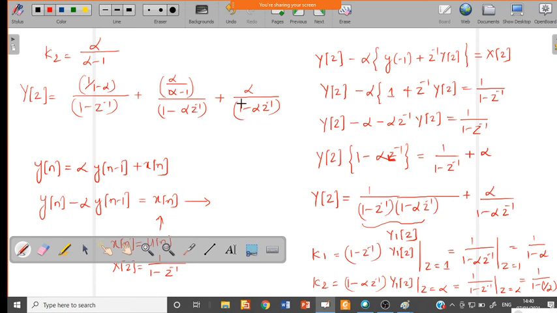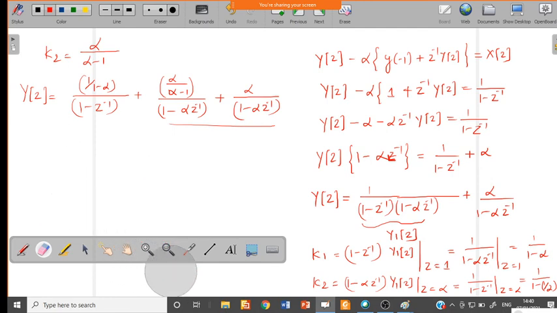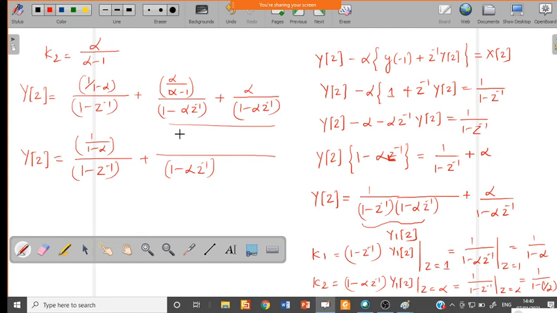So now this one common term is there, 1 by 1 minus alpha z inverse. You can take that common term and write it. So y of z is given by 1 over 1 minus alpha divided by 1 minus z inverse, plus, taking 1 minus alpha z inverse common, alpha by alpha minus 1 plus alpha.